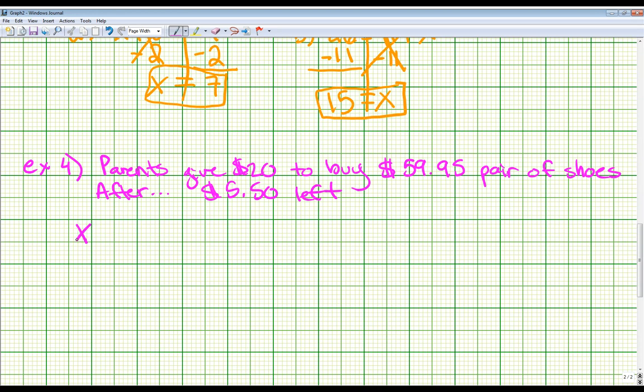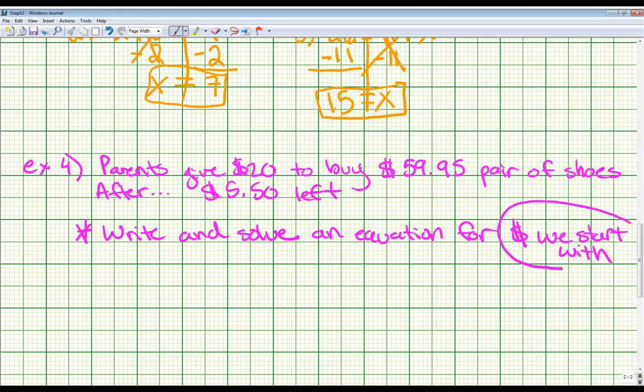And what they want us to do is write and solve an equation for how much money we started with. So we are trying to figure out how much money we start with.